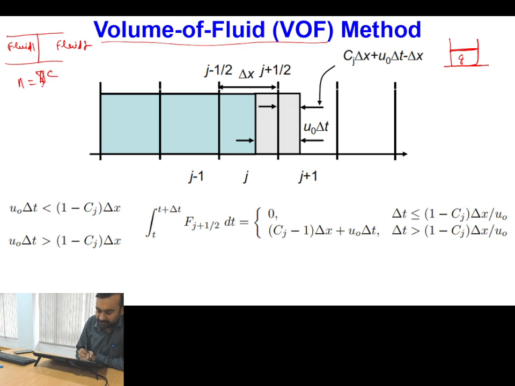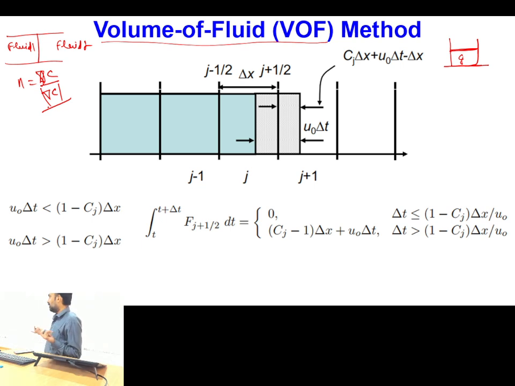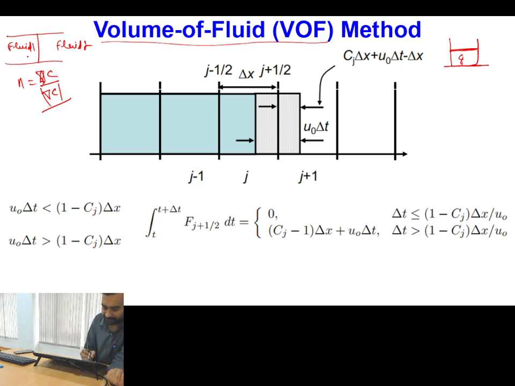Gradient of color function divided by magnitude of the gradient of color function. This will give me nothing but the outward unit normal. Here you can see that at every point I have 1 and here it is 0. So in which direction will this gradient be? In this direction. So this is my unit normal vector. Are all clear with this point?